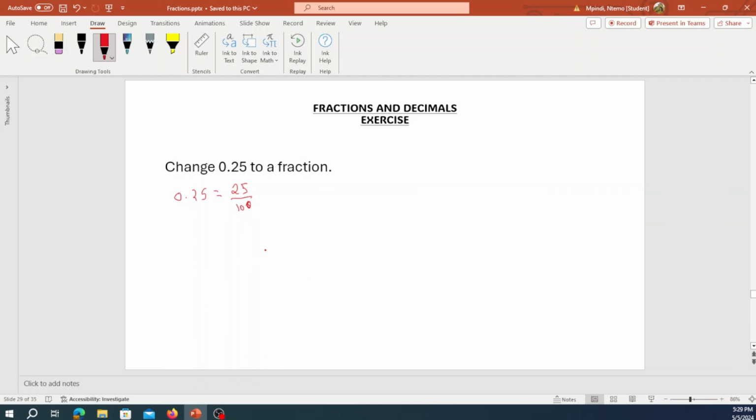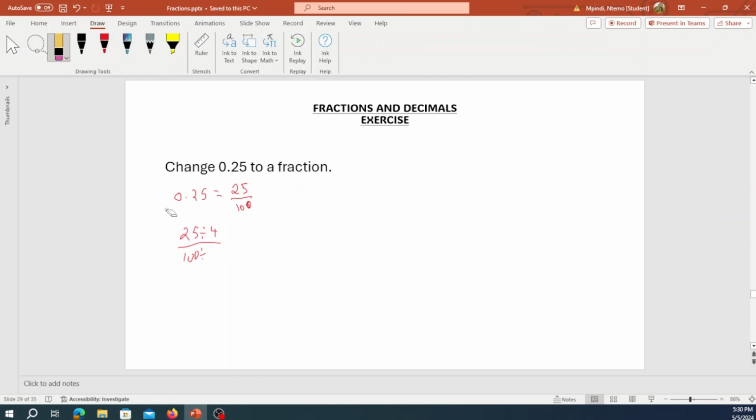Now we can also change this, let's see, for example, 25 divided by 4, and 100 divided by... so if we write 25 divided by 4, nope.